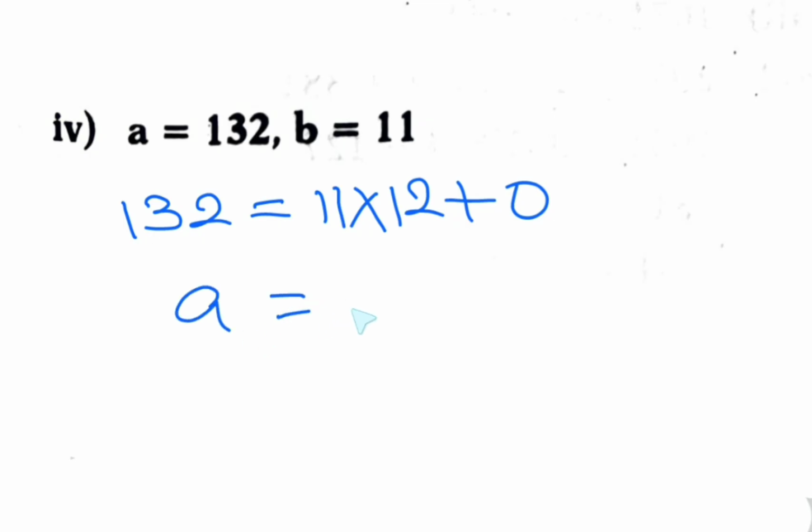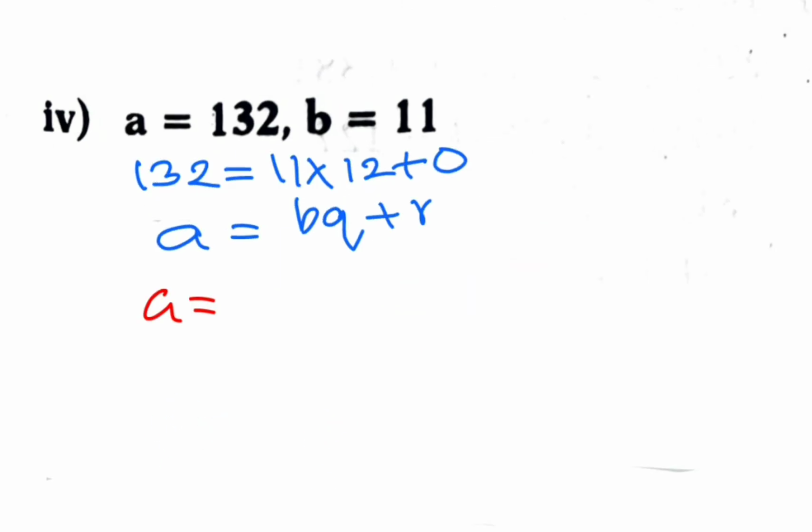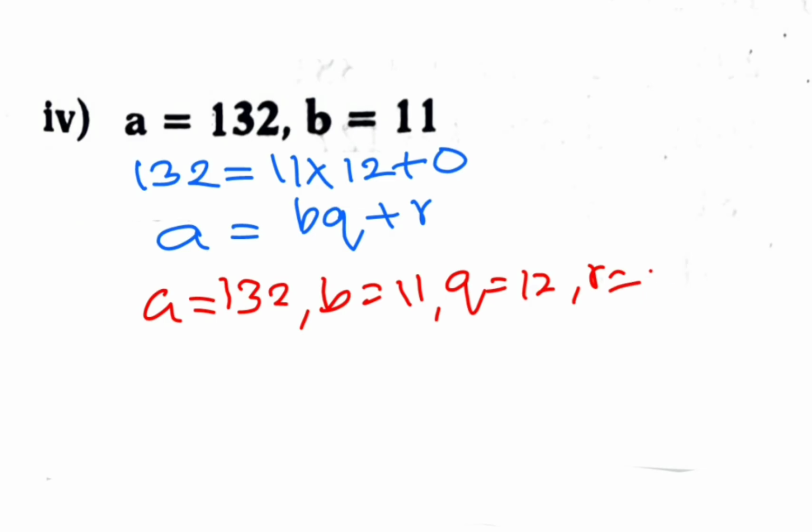A is equal to BQ plus R. A is 132, B is equal to 11, Q is equal to 12 and R equal to 0.